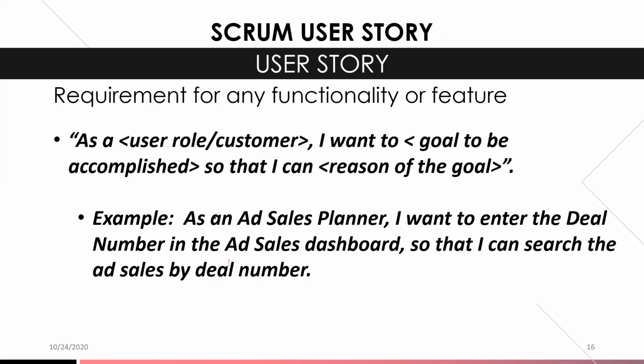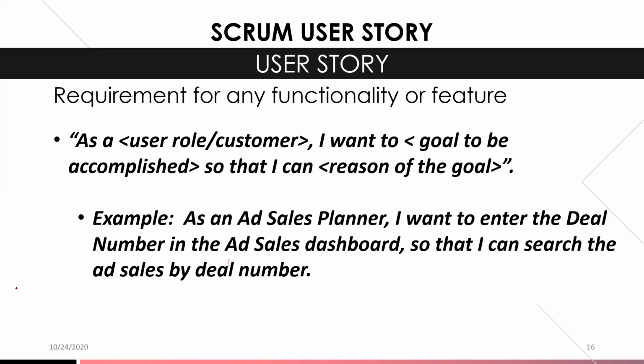Okay, this is an important aspect of Scrum. In Scrum, we have what's called user stories. A user story, you could think of as a requirement for any functionality or feature. The user story has a framework to write it in.